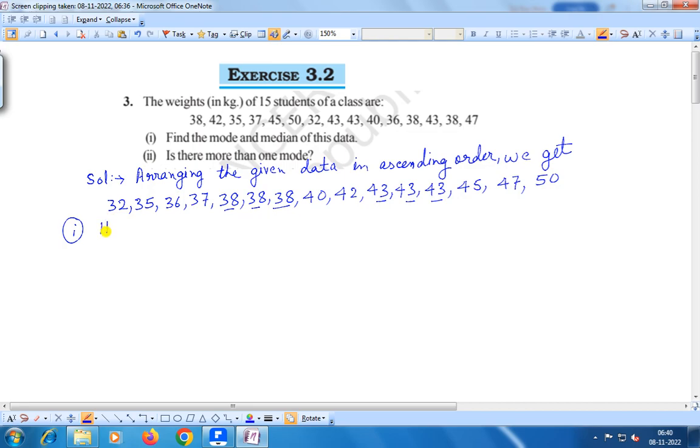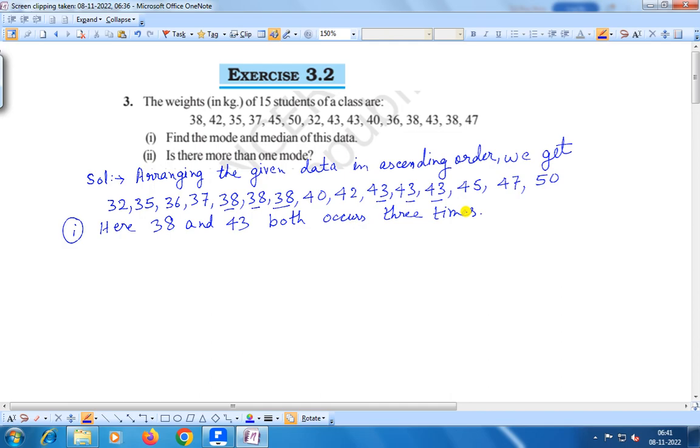Both 38 and 43 occur three times, or you can say the frequency of 38 and 43 is maximum. Here in this case it is 3. That is, the frequency is 3 for 38 and 43, right?